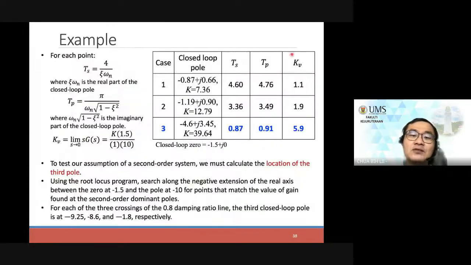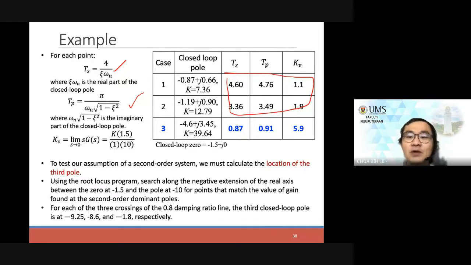So whatever we calculate over here, the first one and the second one, all these values, these assumptions of Ts, Tp, Kv, remember this equation is based on the second order system. So this is why we say that whatever we get, we use second order system to evaluate the settling time and the peak time, and this value may not be correct.